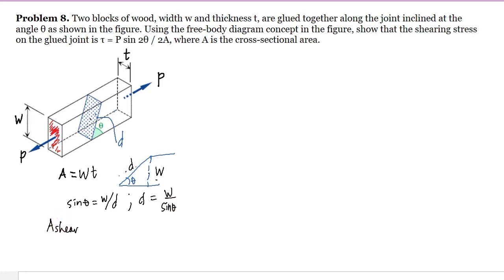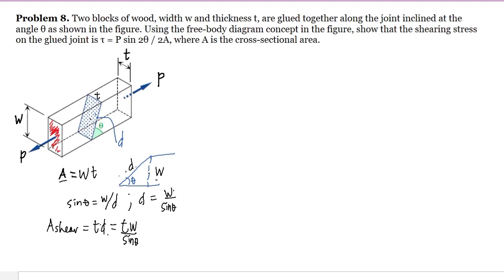So the shear area is just equal to the diagonal multiplied by the thickness. So we have thickness multiplied by the diagonal, but diagonal is W over sine theta.